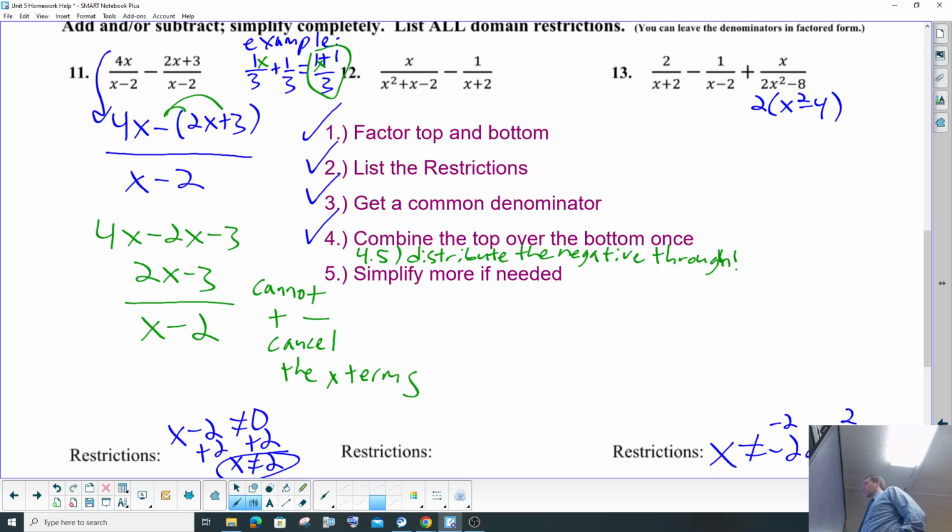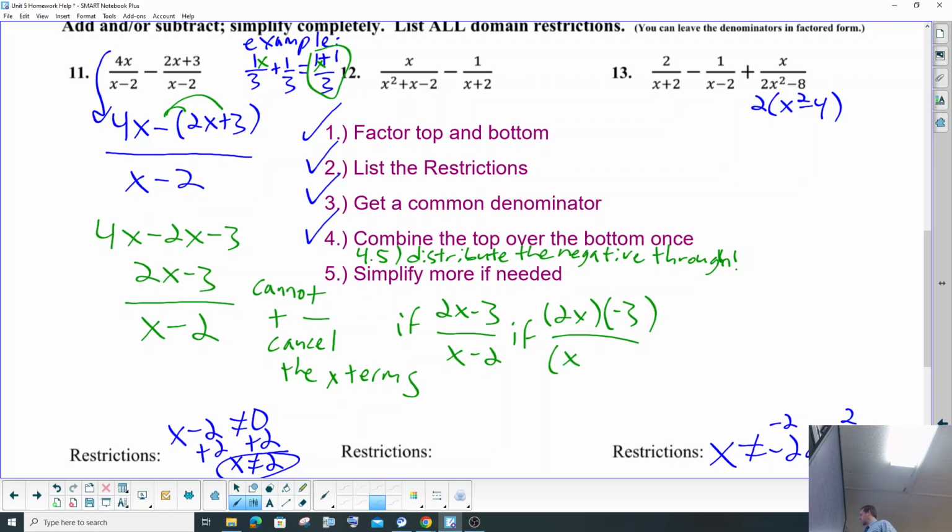If it had been something else, for example, 2x times negative 3 all over x times negative 2, then you could cancel x divided by x and 2 divided by negative 2, and that would just leave you with a 3.